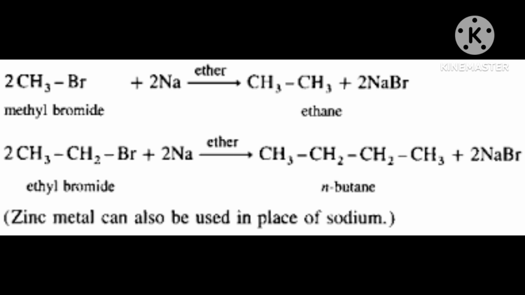In haloalkane, the carbon atom attached to halogen is sp3 hybridized, while in haloarene, the carbon atom attached to the halogen is sp2 hybridized.